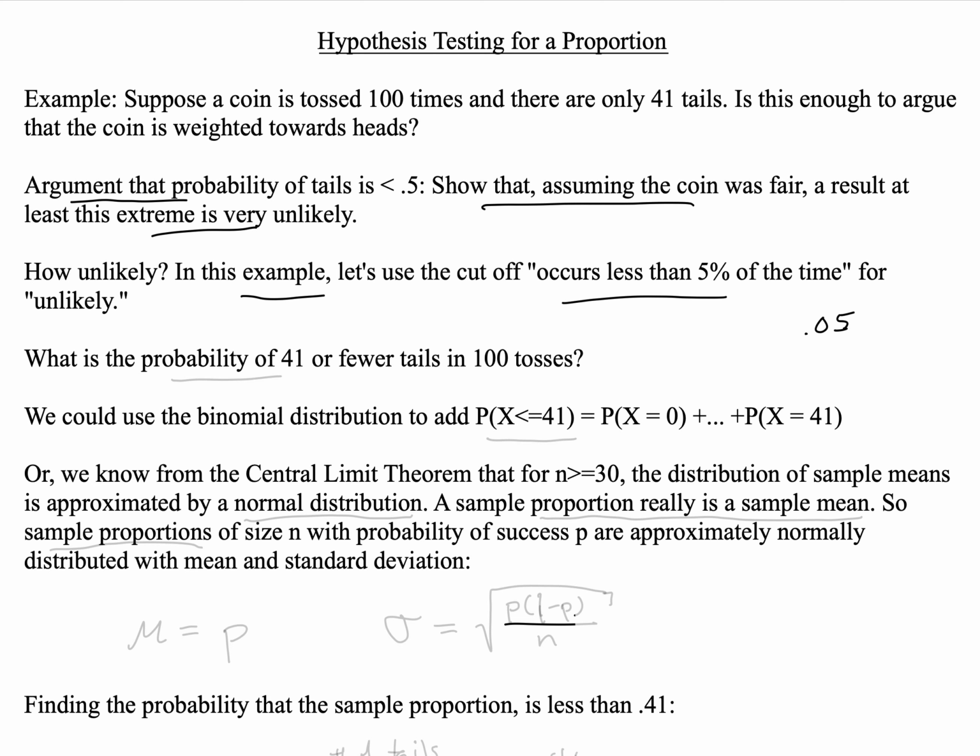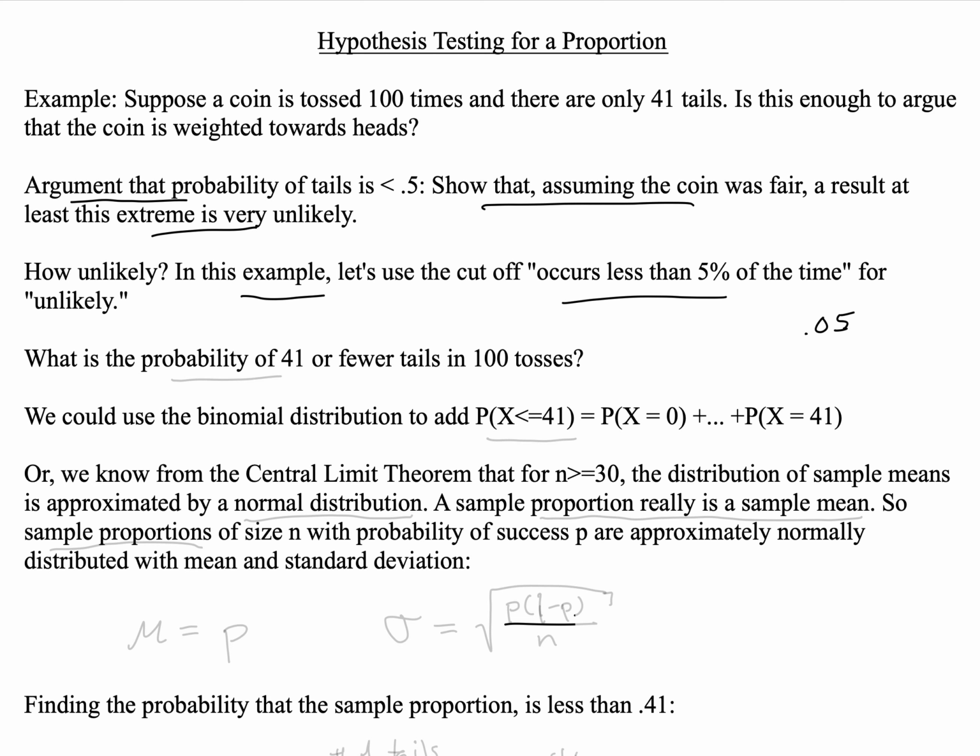And if we did that, we could say, what's the probability that there are 41 or fewer tails? That's the probability that there are 0 plus the probability that there's 1 plus ... the probability that there's 41 of them. So that's one approach. But we want to have a general approach. First of all, that looks annoying to add up. So we want a more general approach that could work for really large sample sizes.